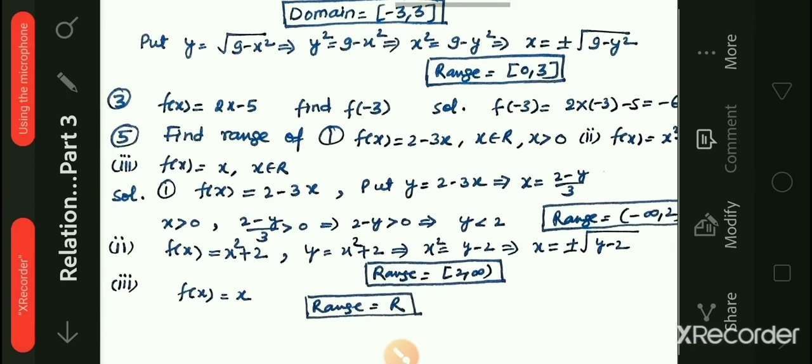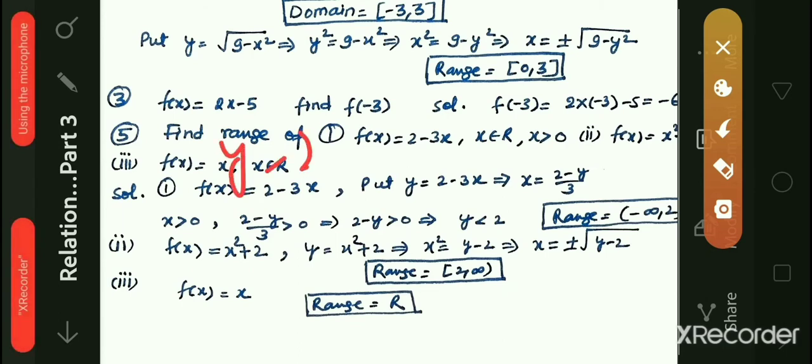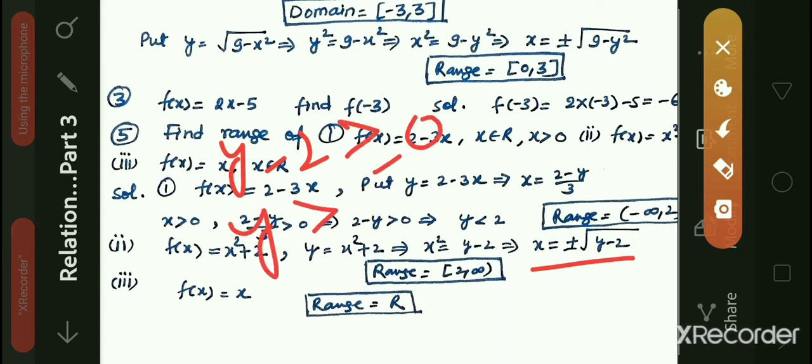Now take part 2. f(x) is equal to x square plus 2. Now put y is equal to f(x), so y is equal to x square plus 2. This implies x square is equal to y minus 2. This will imply x is equal to plus minus root of y minus 2. Now here 2 is included, because for the square root of y minus 2 to exist, y minus 2 must be greater than or equal to 0, means y is greater than or equal to 2.